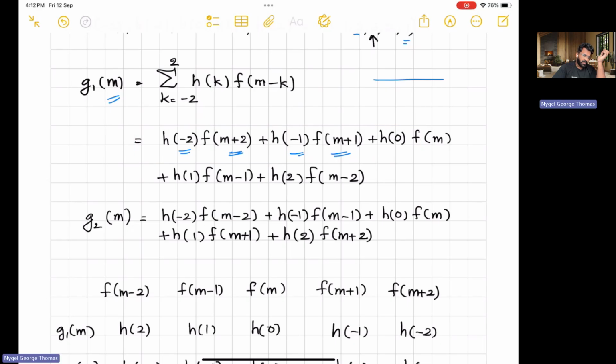Let's say h is something like this, and f is something like this. When we're convolving, two things are happening. One is that the function is getting inverted, so this will become something like this.